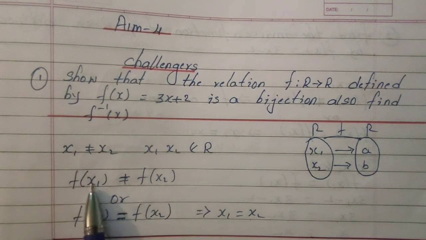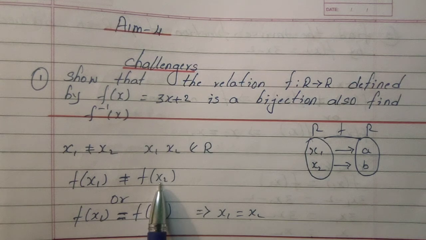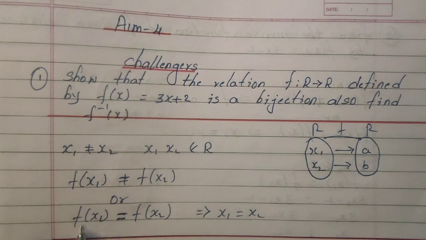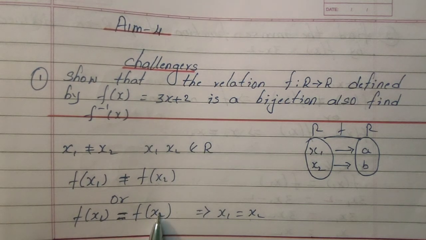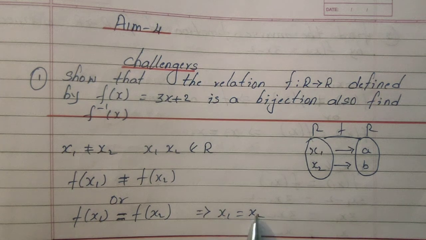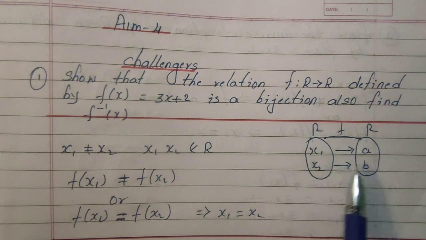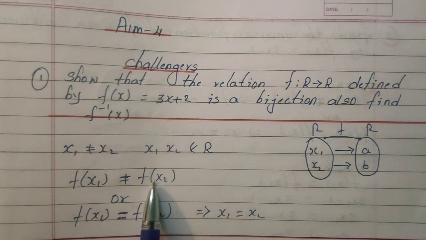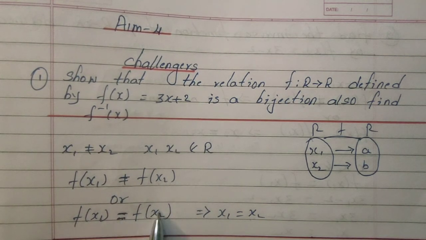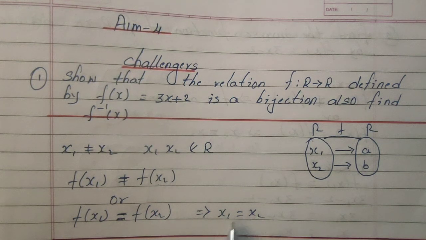Different elements give different images. If I assume f of x1 and f of x2 are equal, then my input also must be equal. Then I can say it is a one-to-one function. Input is different, output is different. If I assume outputs are same, then input must be same.